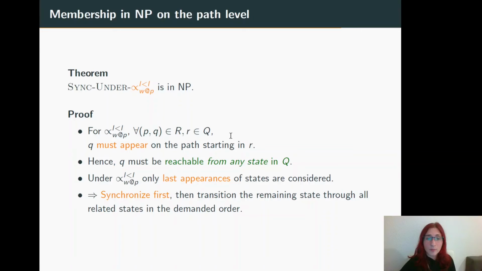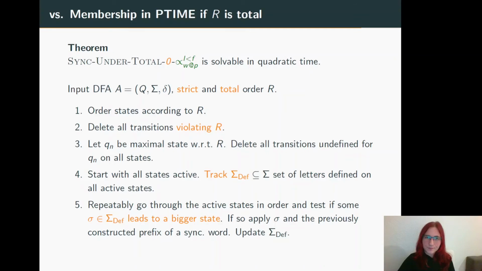And since we only compare the last appearances of states, we can first synchronize the whole automaton and later check that we go through the related states in the demanded order with the remaining state.